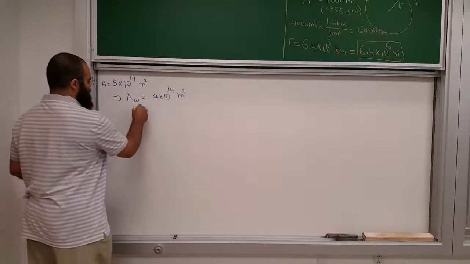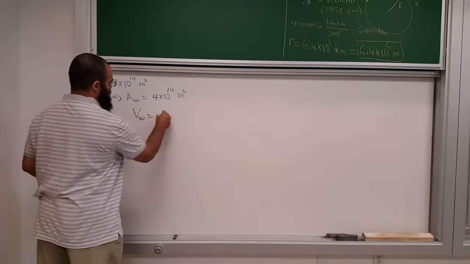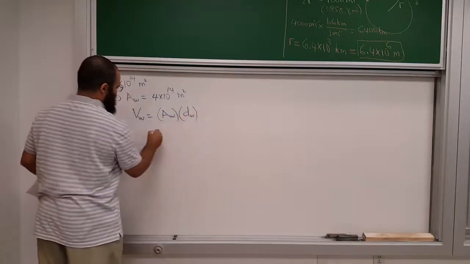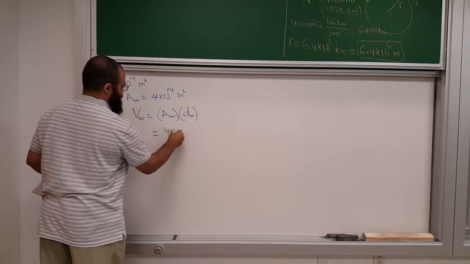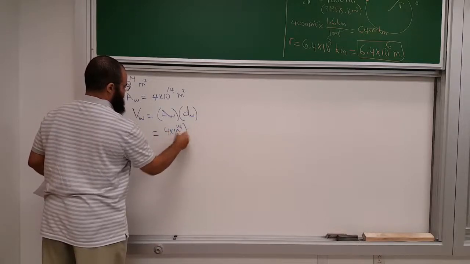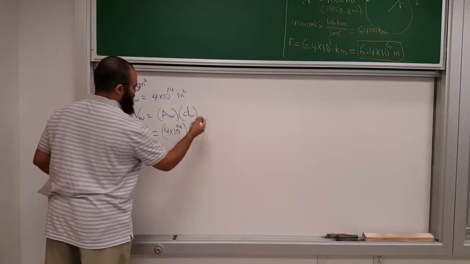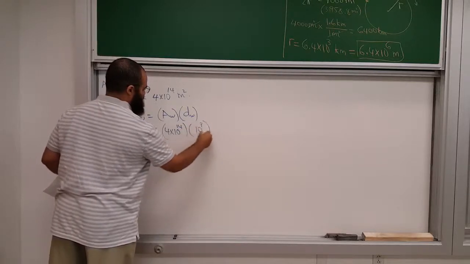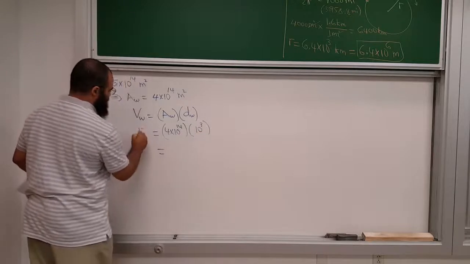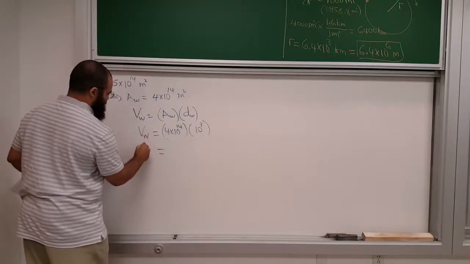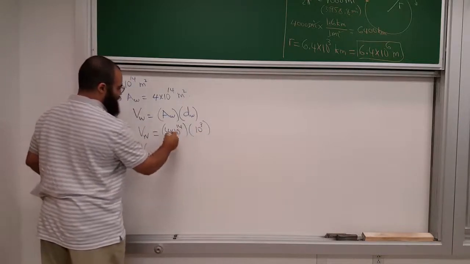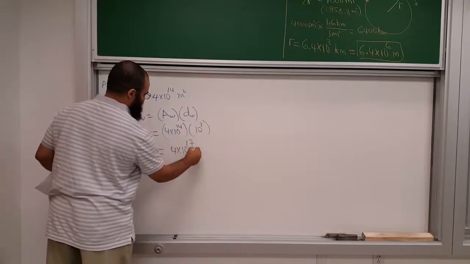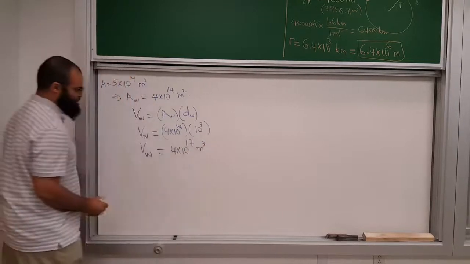So the volume of the water would be the area of the water times the depth of the water. The area of the water is about 4 times 10 to the 14, and the depth is about 1 kilometer, that's 10 to the 3 meters. So the volume of the water will be 4 times 10 to the 17 cubic meters.